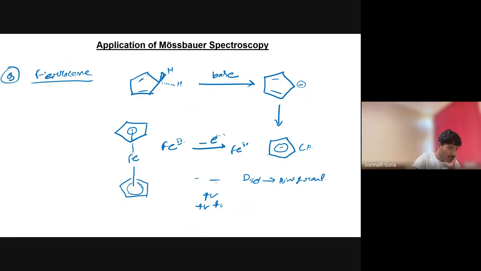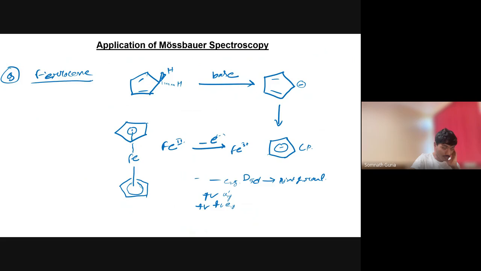This will be my E1g, this is A1g, and this is E2g.